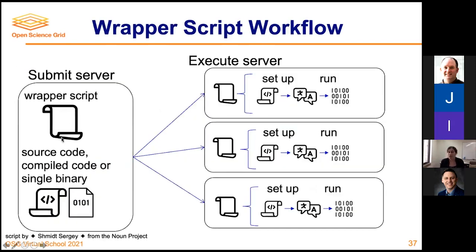If you have a wrapper script and then compiled code of some variety, an interpreter, a binary, a folder, these files get transferred, and the wrapper script is your executable. And so inside the job, the wrapper script sets up the software installation and then runs the desired command.